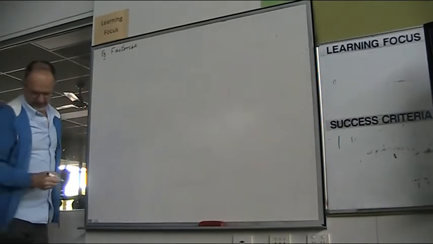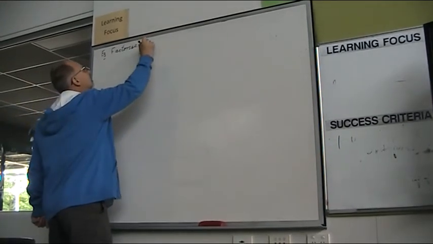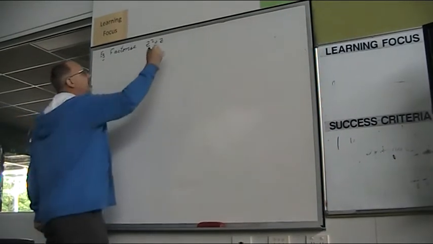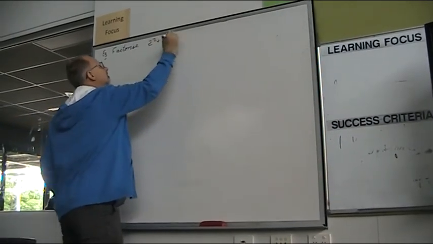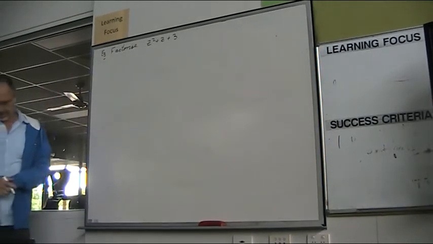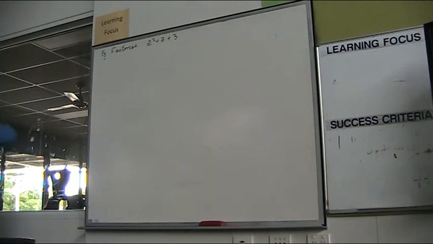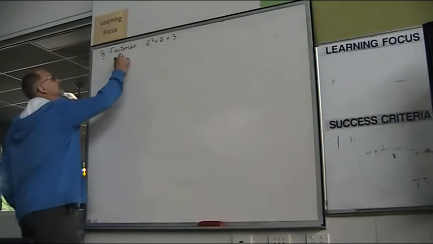If I want to factorise z squared plus z plus 3, then some of our quicker factorisation methods are not going to work for us. So we have to resort to completing the square.